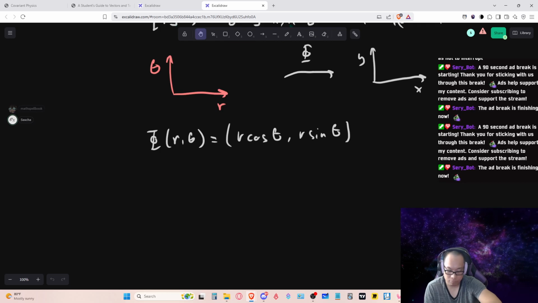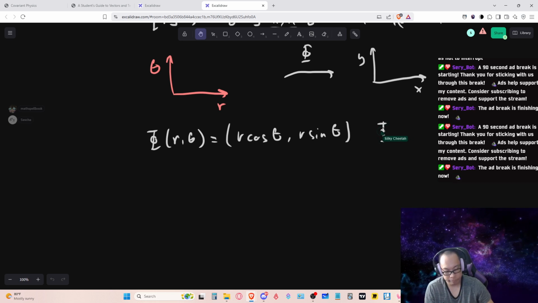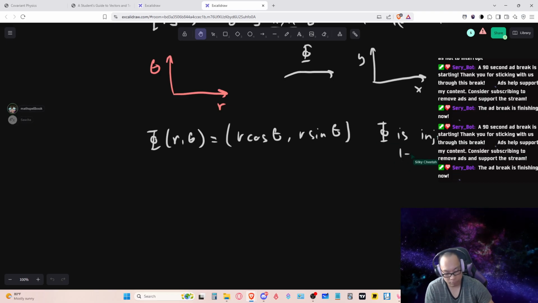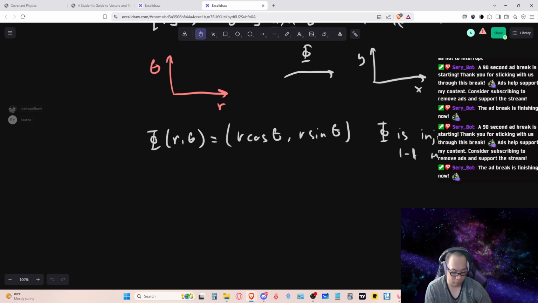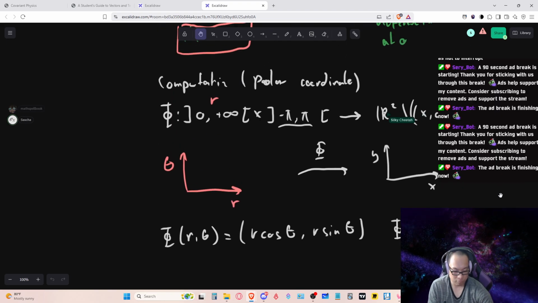So the restriction I put here, I was careful about it because I wanted this map to be 1-to-1, or if you want, injective. Actually, in that case, it's even onto, right?